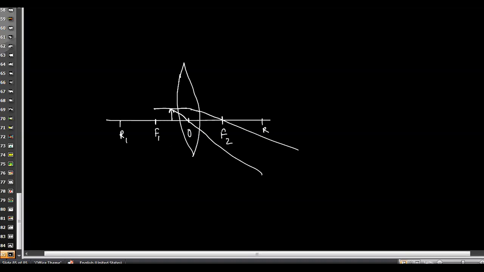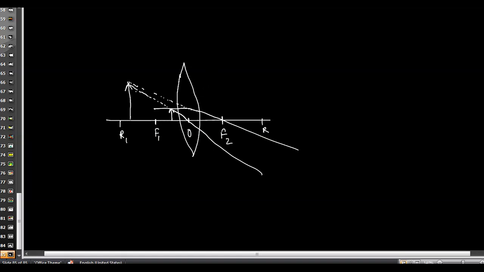If we draw this line segment in the back, like this way, the virtual image will be formed and it will be a magnified image. So whenever an object is placed between focus and optical center in a convex lens, it is going to form a virtual image and it will be magnified.